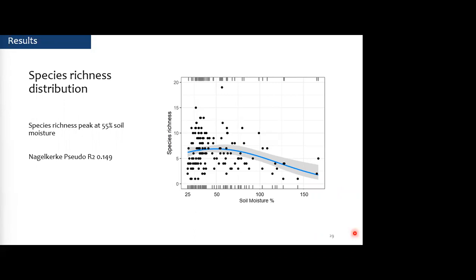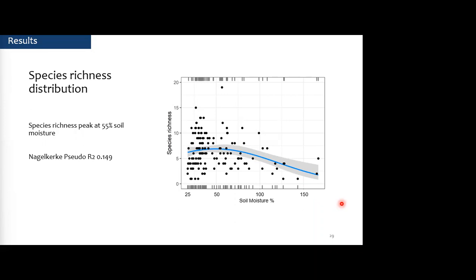So what this shows is that species richness peaks at around 55% soil moisture in this community, although it maintains a broad hump from the minimum measured values through to almost 100% soil moisture saturation, at which point species richness drops off quite a bit.